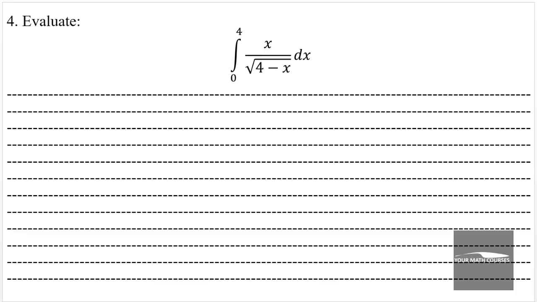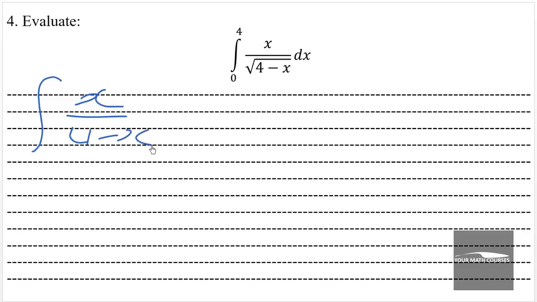Okay, so question 4, we have to integrate x over square root of 4 minus x dx. So this is what you're going to do. We'll integrate first before we do the substitution. So let's integrate x over square root of 4 minus x without a limit.